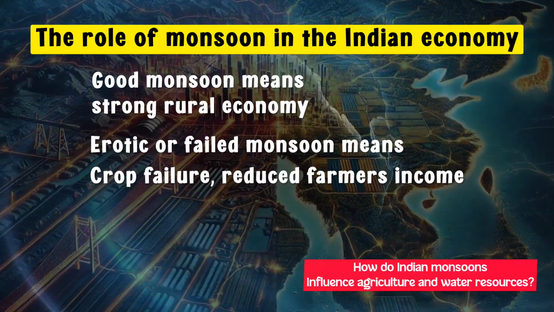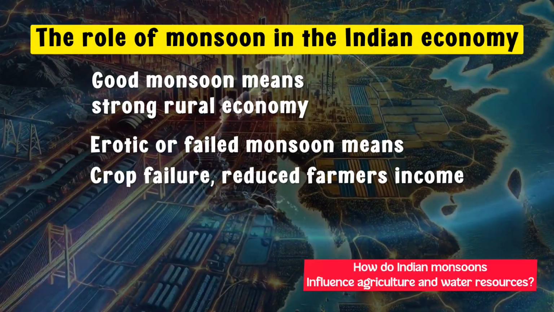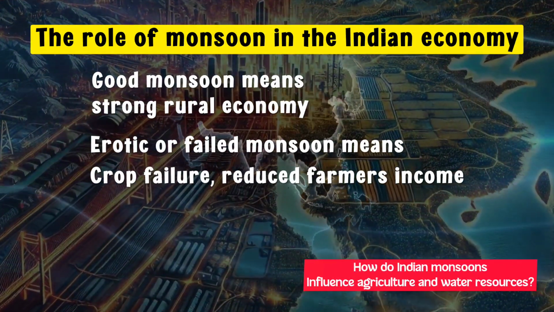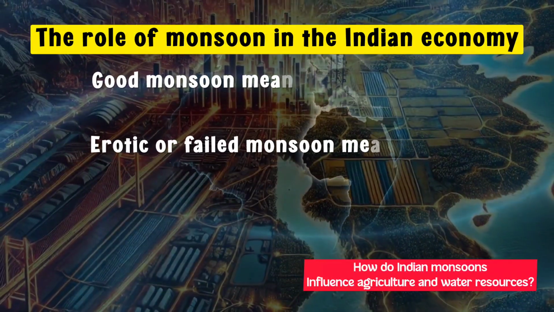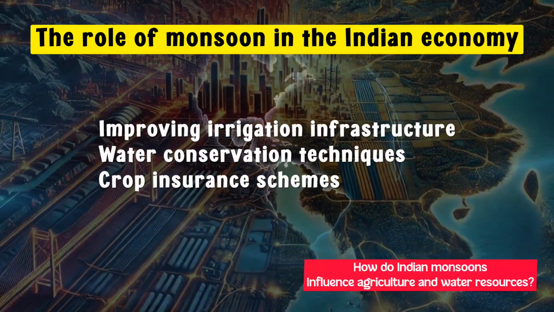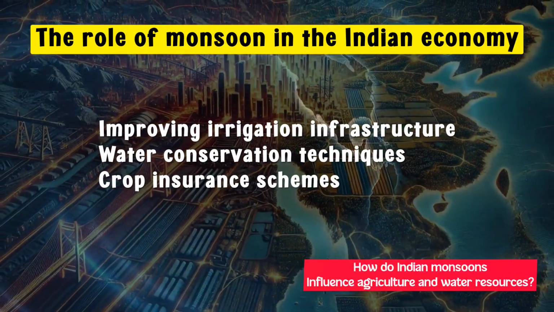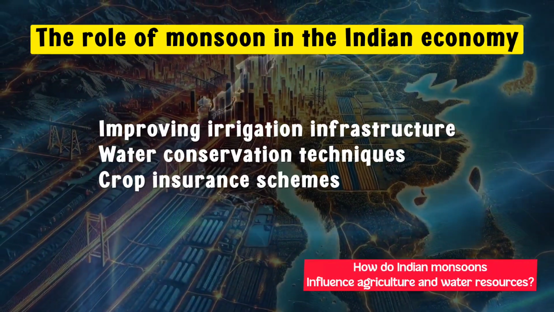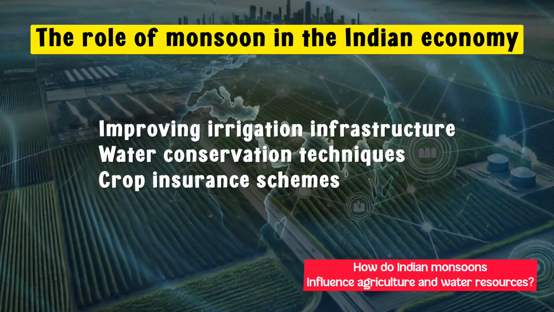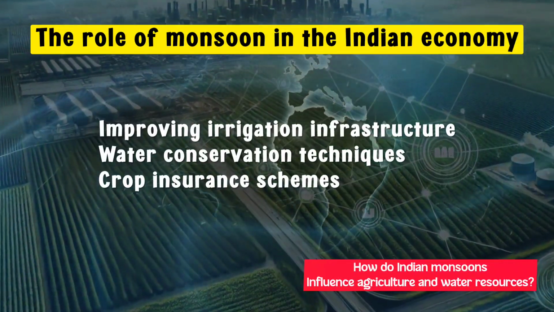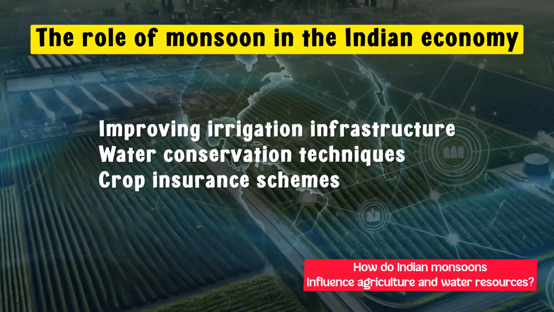Conversely, erratic or failed monsoons can result in crop failure, reduced agricultural productivity, and a decline in farmers' income, which can have a ripple effect on the national economy. The Indian government has increasingly focused on improving irrigation infrastructure, water conservation techniques, and crop insurance schemes to mitigate the impact of poor monsoons. However, agriculture remains highly vulnerable to the unpredictable nature of the monsoon season.